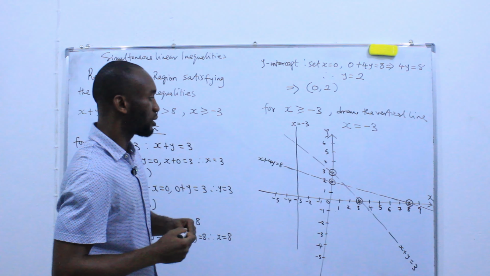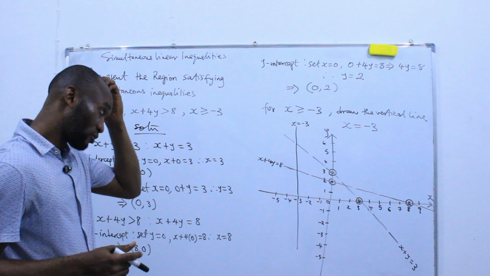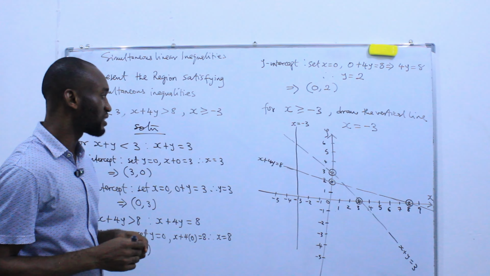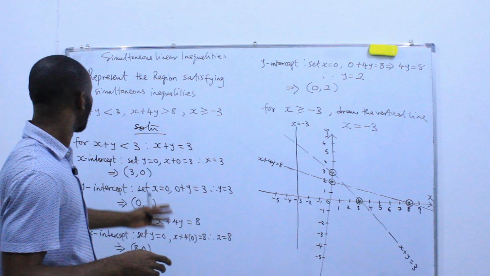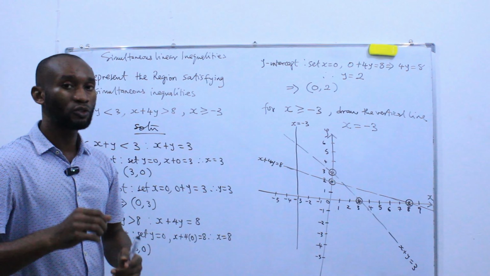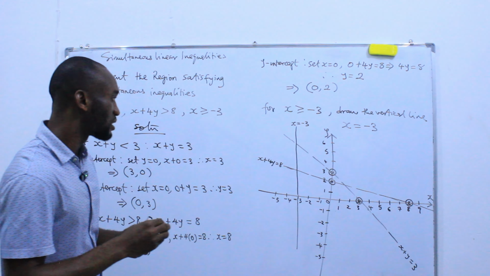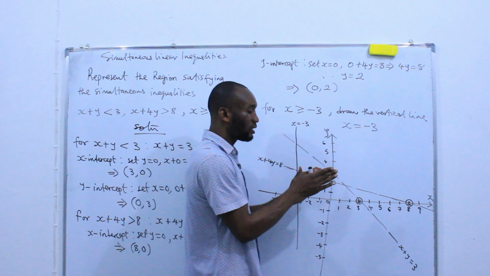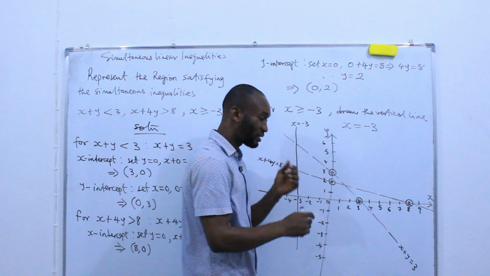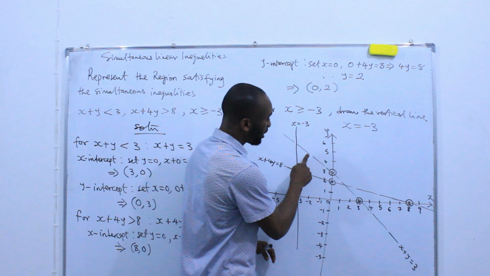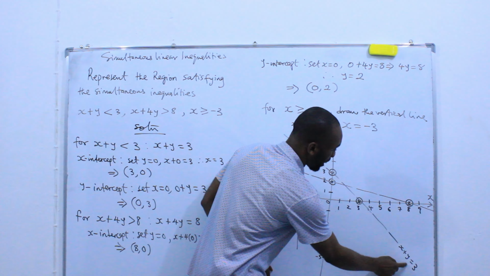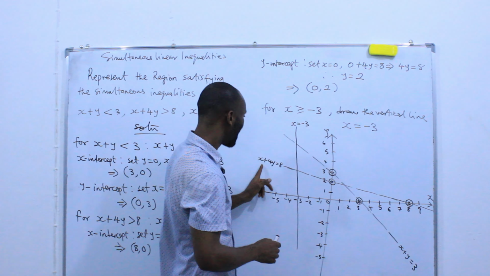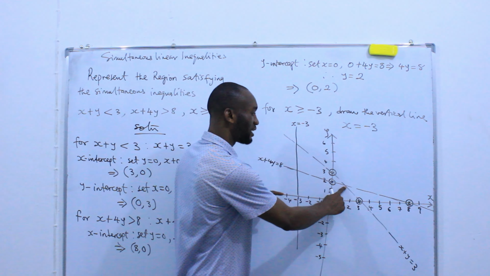Okay, next, to get the region that satisfies the simultaneous inequalities, we are going to test points in this region. Now, how do we get the regions that are represented here? Look at where the line x plus y equals 3 and the line x plus 4y equals 8 intersect.